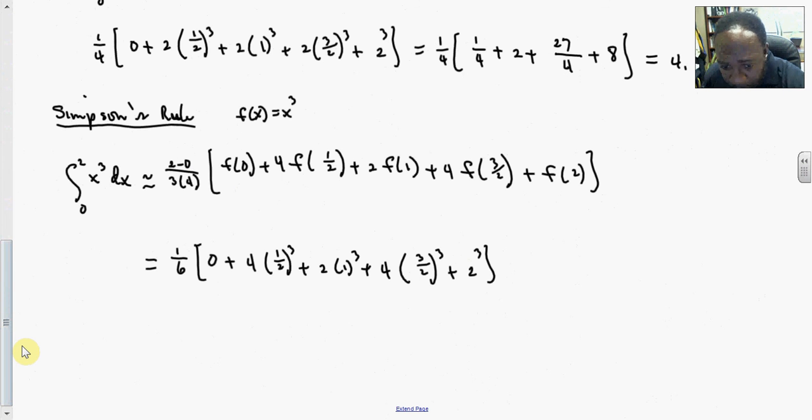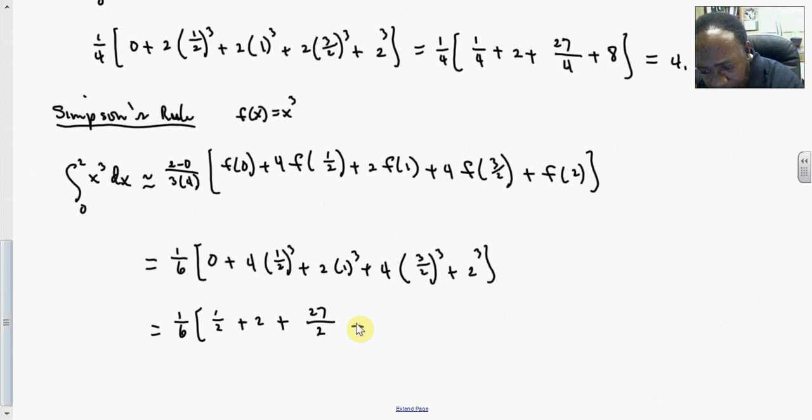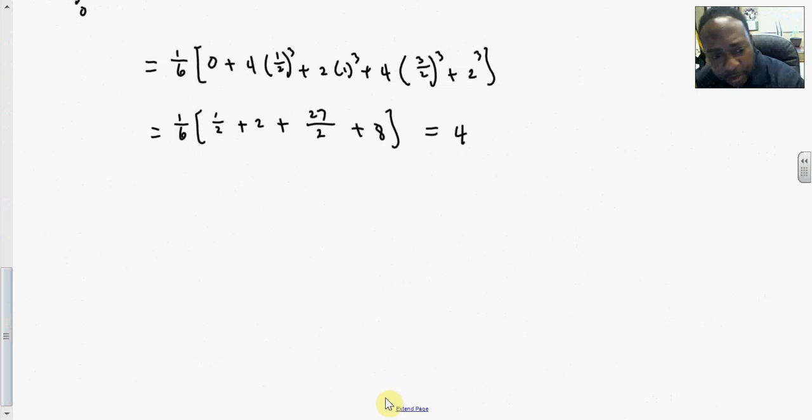So what we have here is 1/6 times the brackets. We get 4 over 8, just 1/2, plus 2, plus 3 to the third, 27, divided by 8, times 4, which is just a 2 downstairs, and that's plus an 8 here. And on your calculator, that gives you 4. That's the Simpsons.